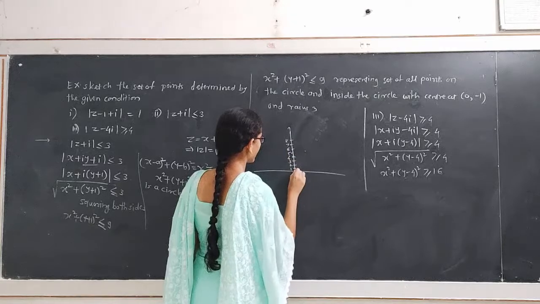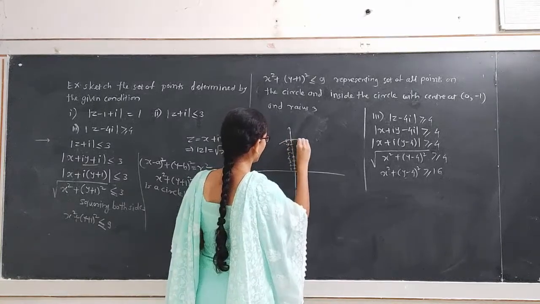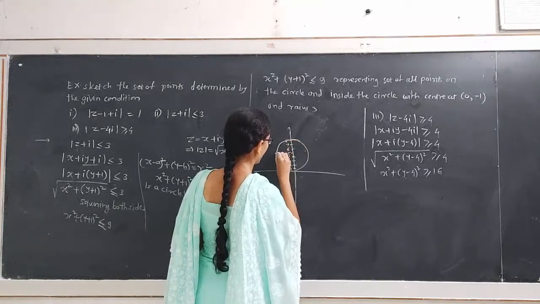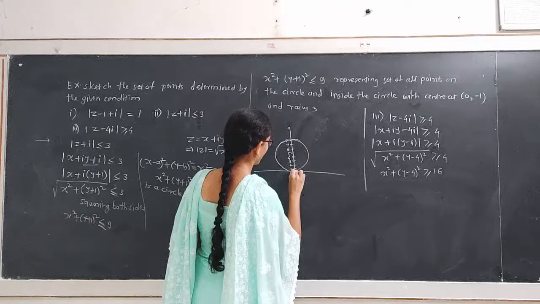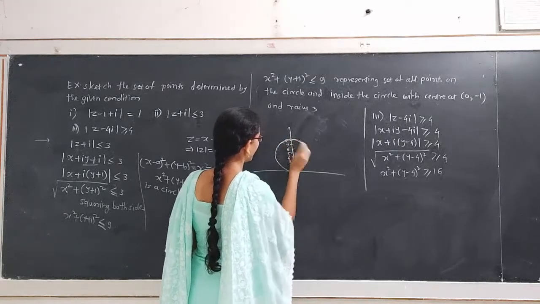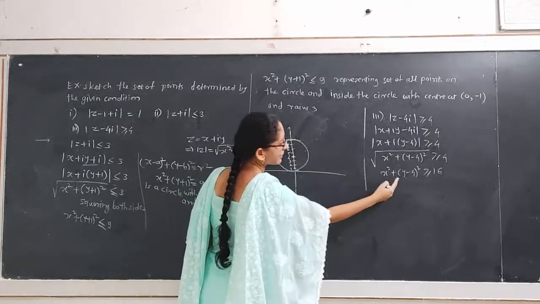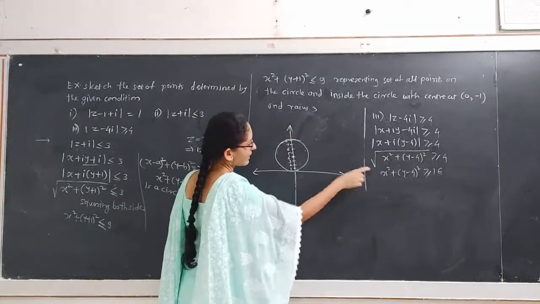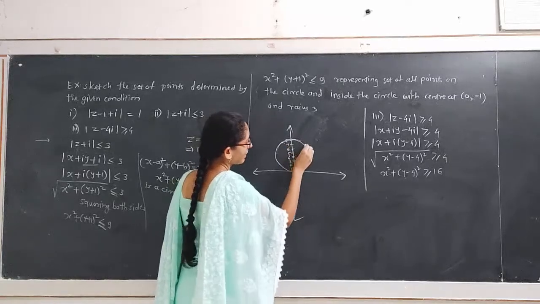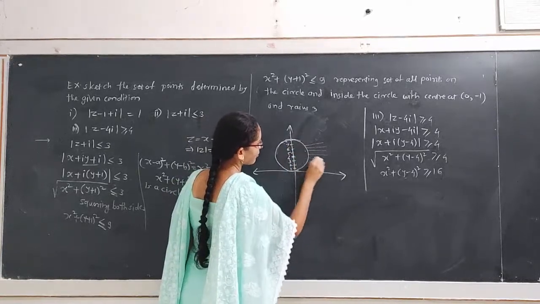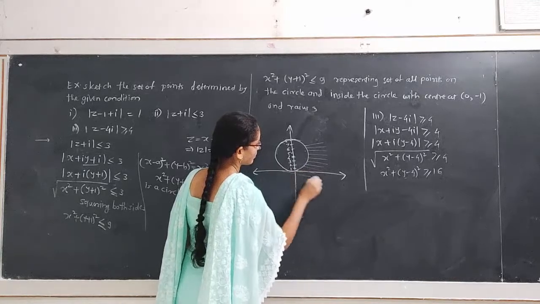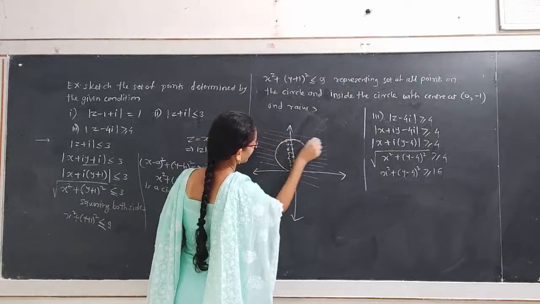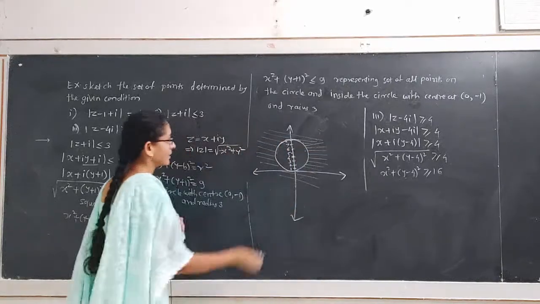This is the circle having center at (0, 4) with radius equal to 4, and the region represents the points on the circle as well as the points which lie outside the circle. The shaded region is the required region given in example number 3.